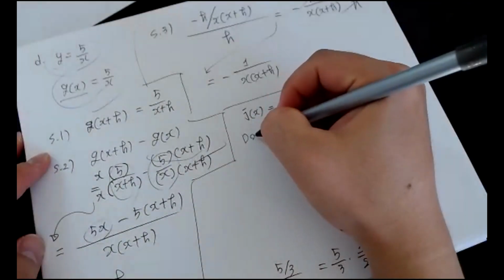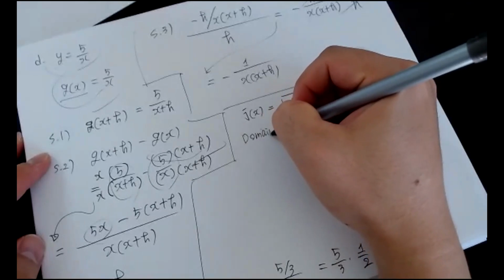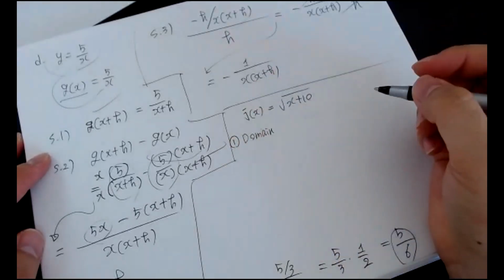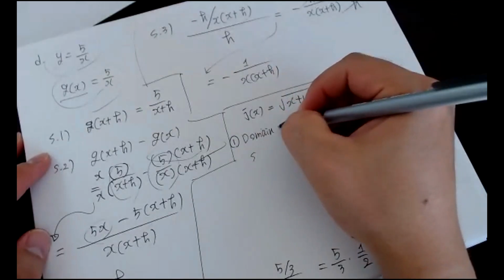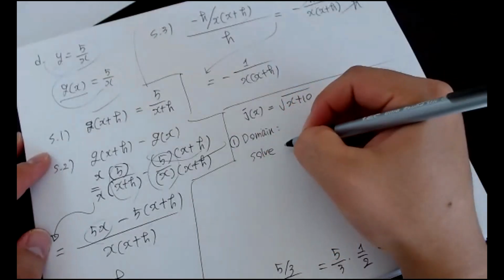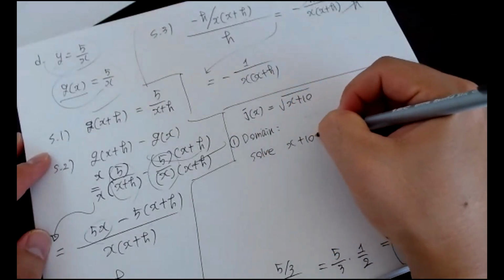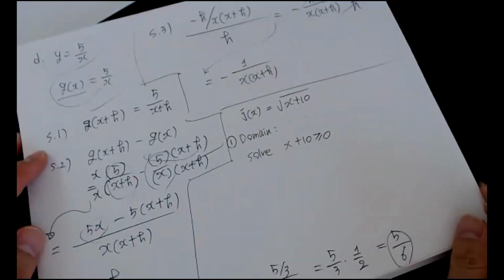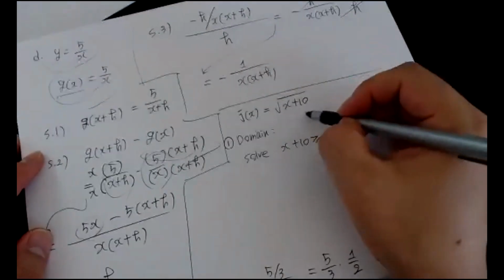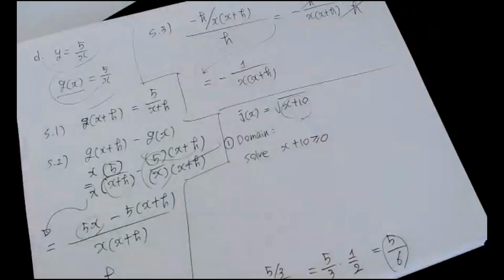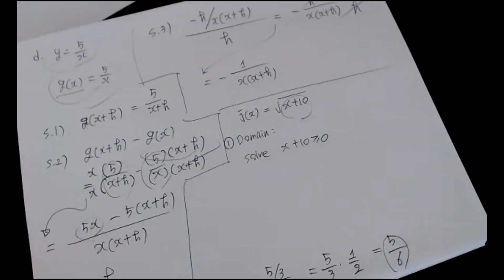For the domain, we solve the inequality x plus 10 is greater than or equal to 0. Why? Because the quantity under the square root must be greater than or equal to 0 to get a real number. Otherwise, we're going to get a complex number as the y value.